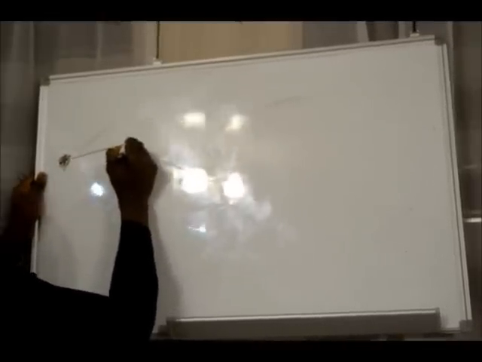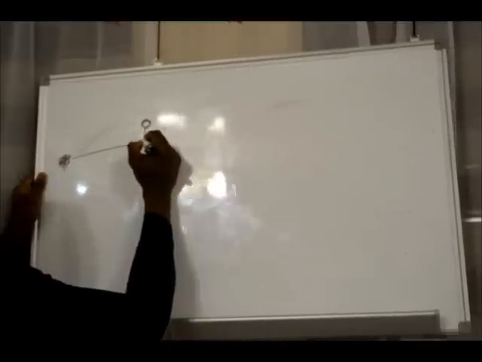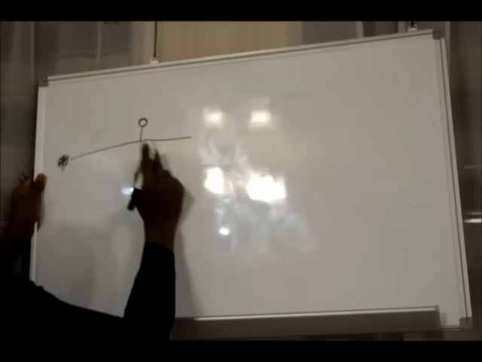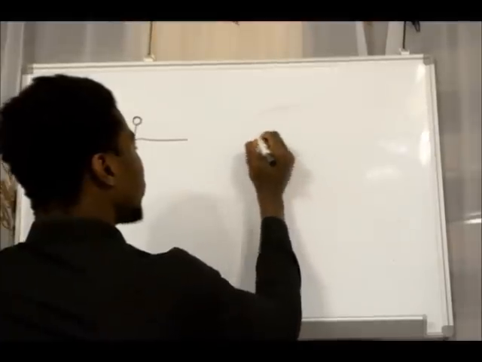This is a peripheral receptor. This is a pseudounipolar neuron. We do have a cell body, obviously, of the neuron. So now let me draw a typical spinal cord.